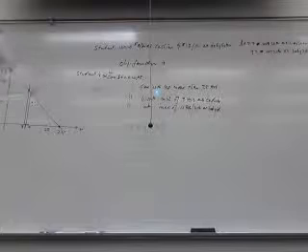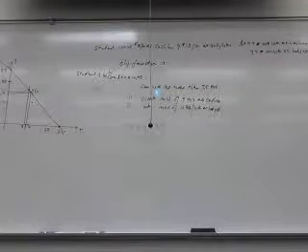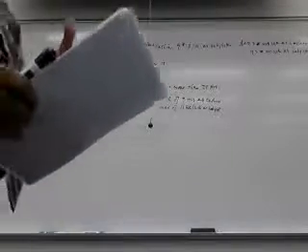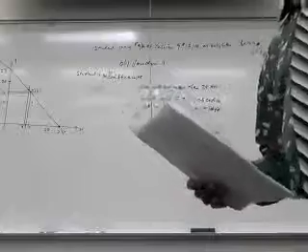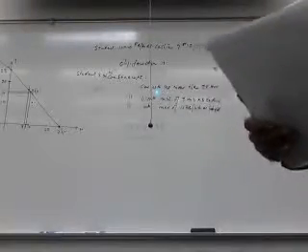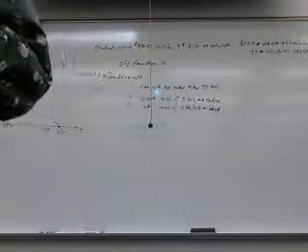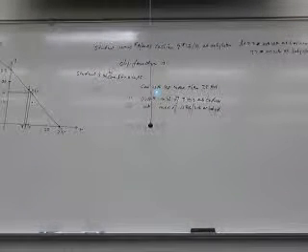So, linear programming provides a way to solve problems in which the quantities that are to be maximized or minimized are limited by other factors. And those factors are going to be given in the problem.